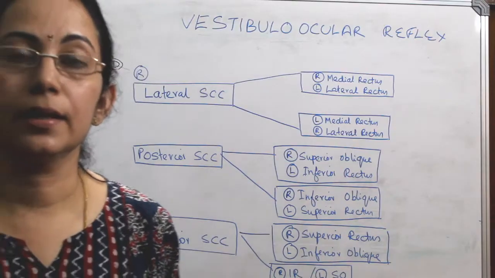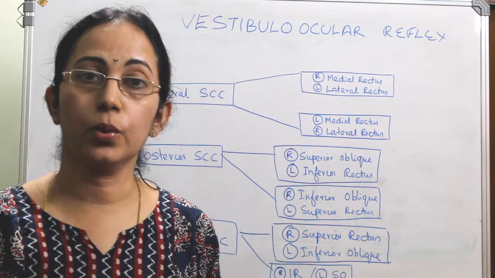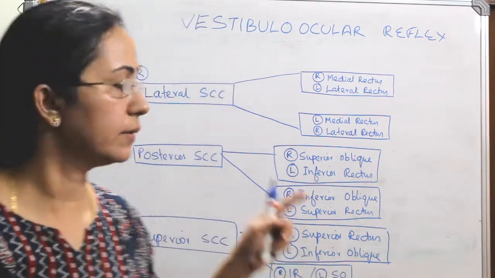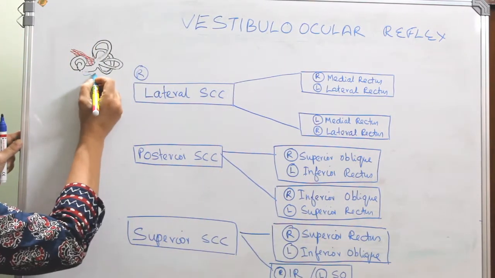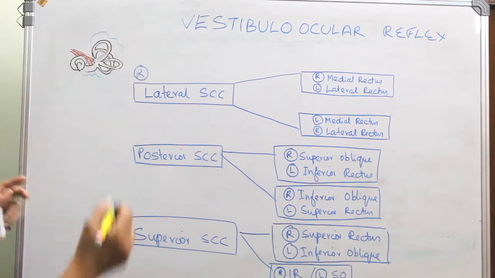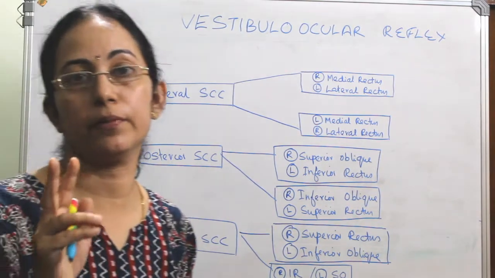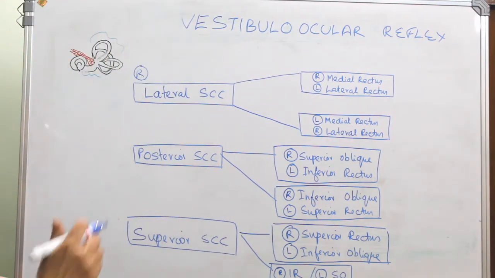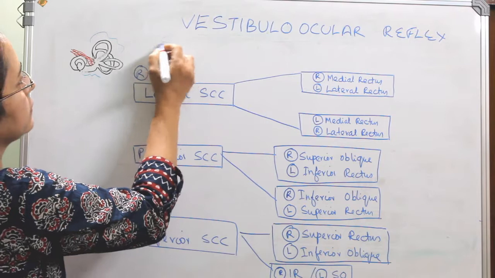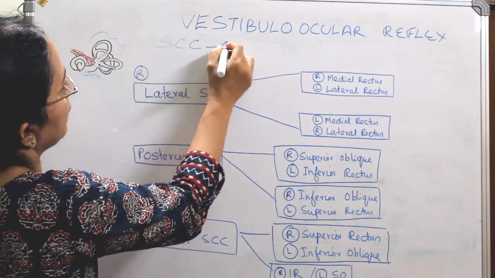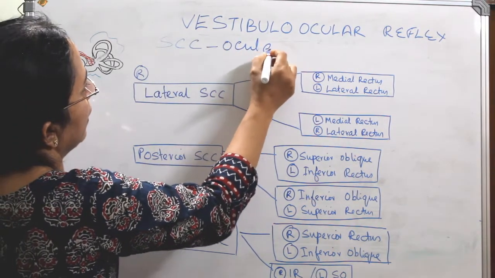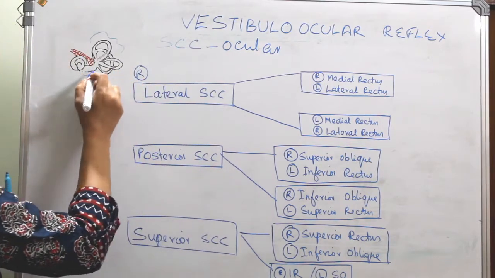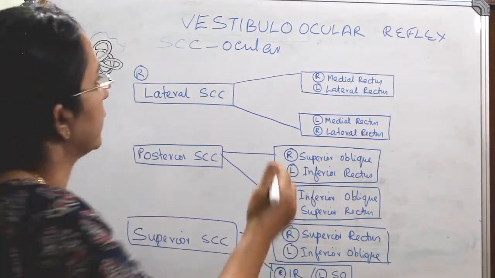Okay. Regarding the vestibulo-ocular reflex, actually the vestibule contains the vestibule as well as the semicircular canals, isn't it? So there are 2 types of VOR. One is the semicircular canal ocular reflex, and another one is the otolith ocular reflex.